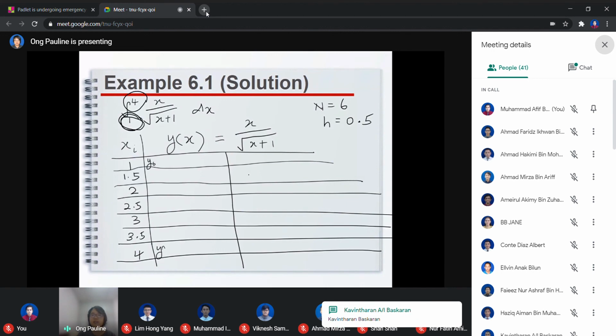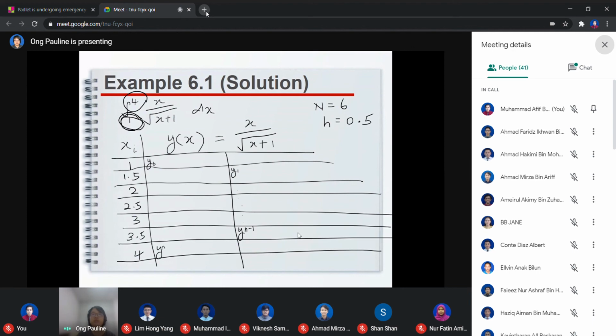Whereas for the values in between y naught and yn, for example y1, y2 until yn minus 1, we put them in another column. This will make our calculations easier because I know the first group consisting of y naught and yn have the same constant 1, whereas for the values in between, I have to sum them up, then multiply by 2.